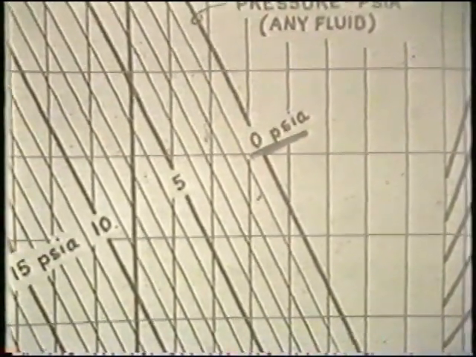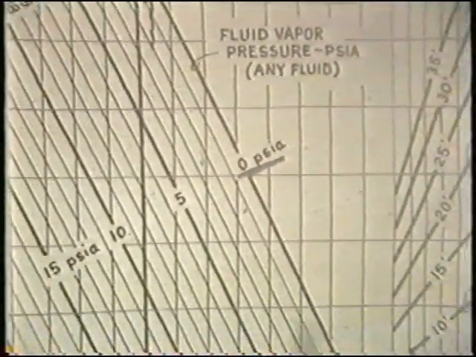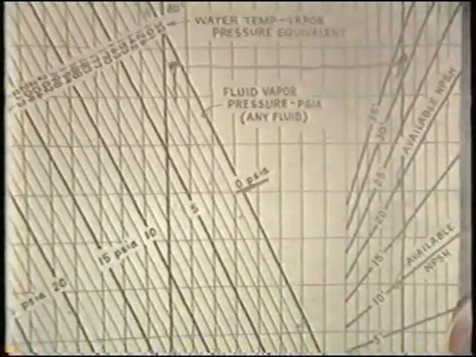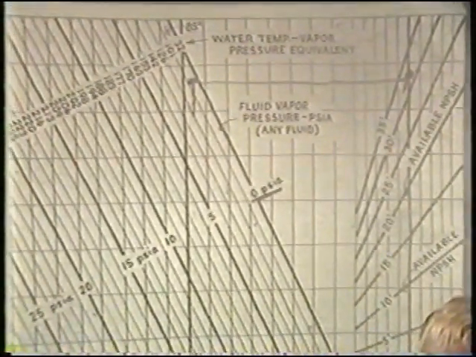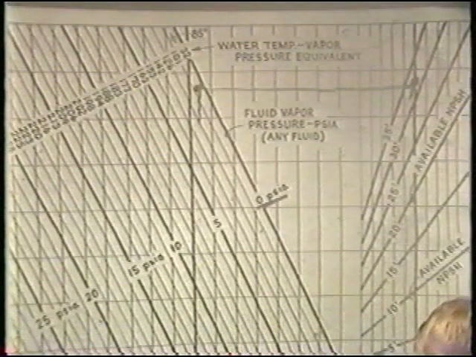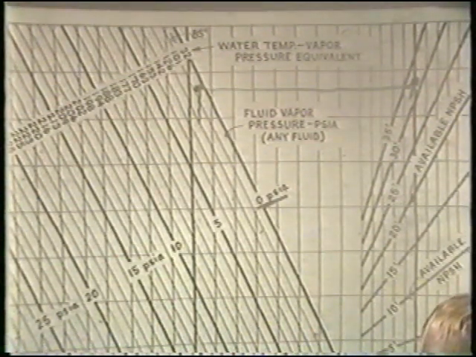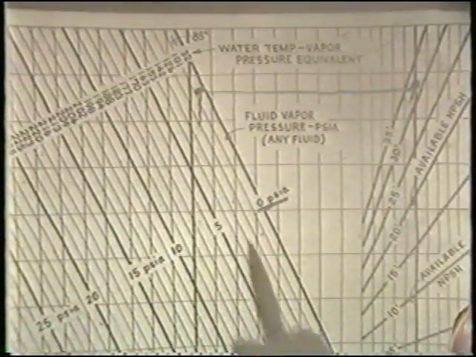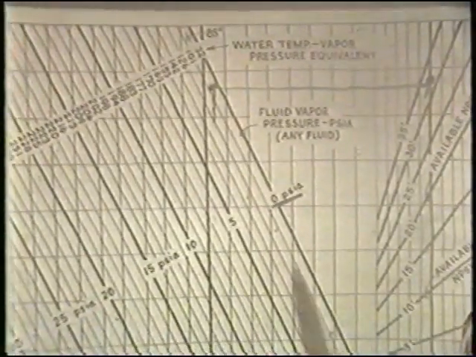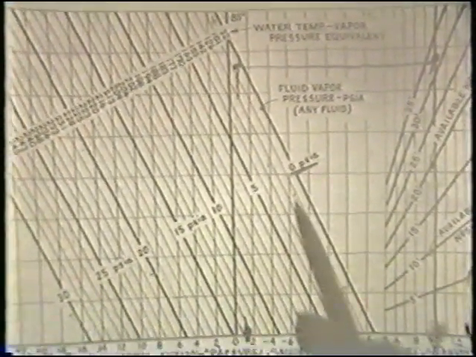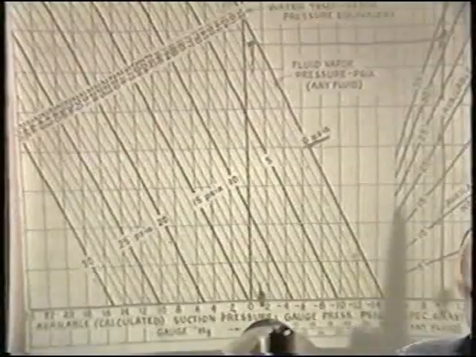This means the chart is available for and usable for any liquid at any temperature, providing we know the vapor flash point. So these slanted lines then are vapor flash point lines for any particular liquid.